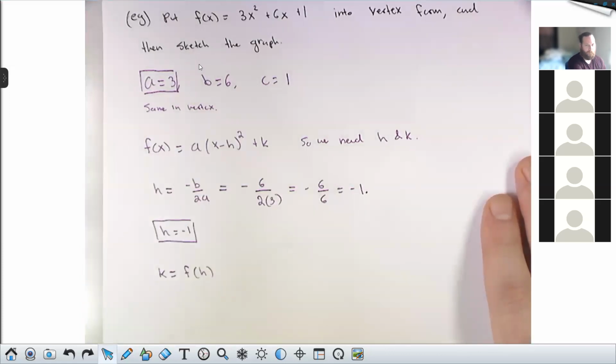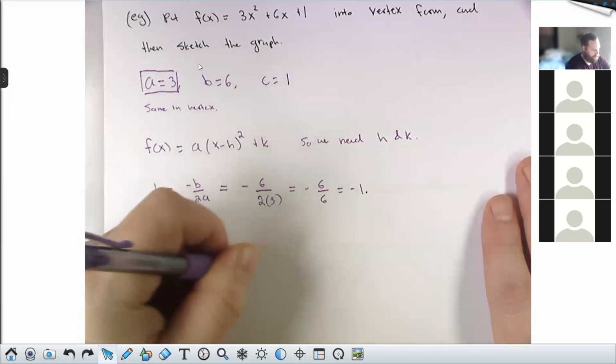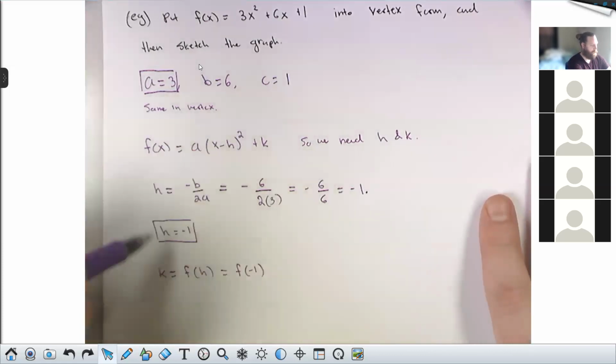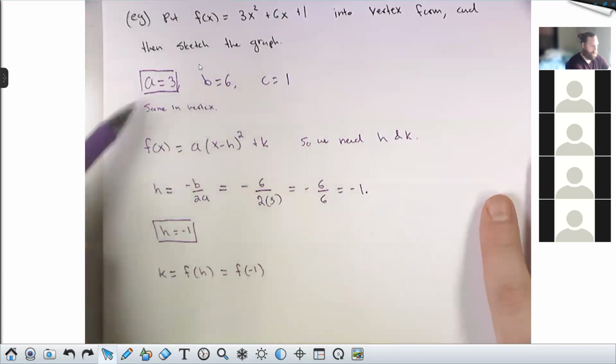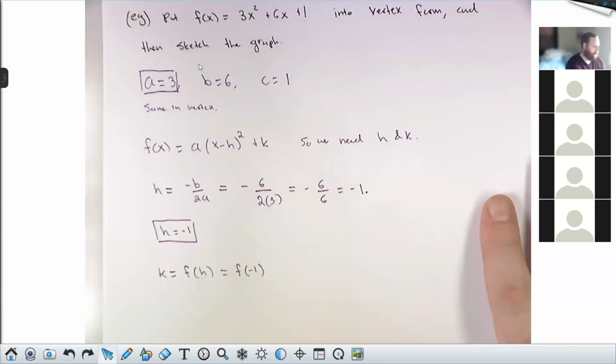H is negative 1, so this is f of -1. So you've got to go in this order, right? You've got to find A, B, and C first. Then you use B and A to get H, and then you use H to get K. So the order that you do these things matters. You cannot start by finding K.